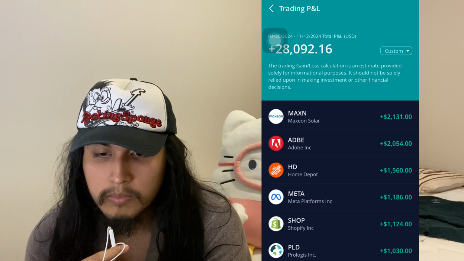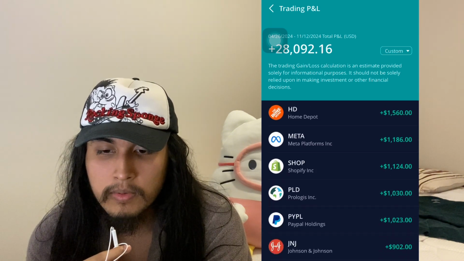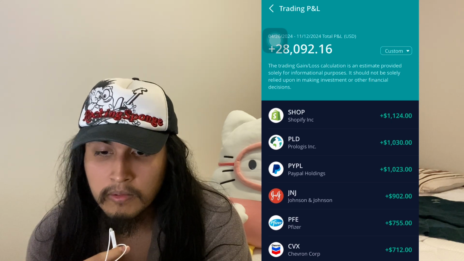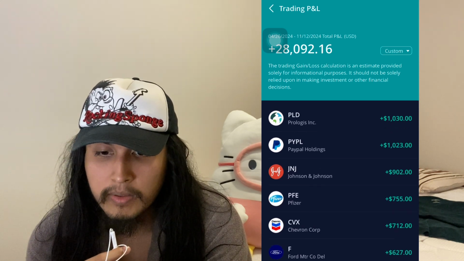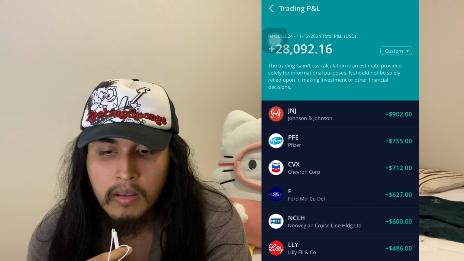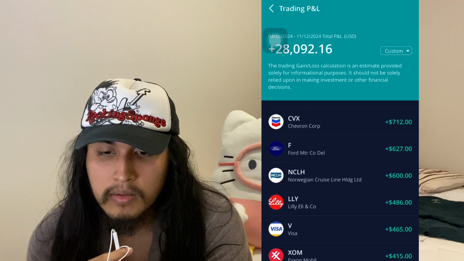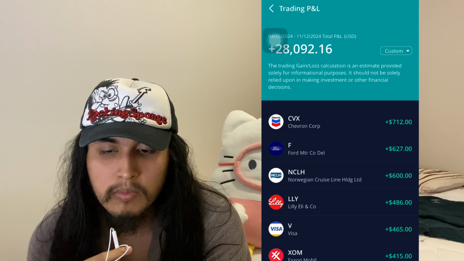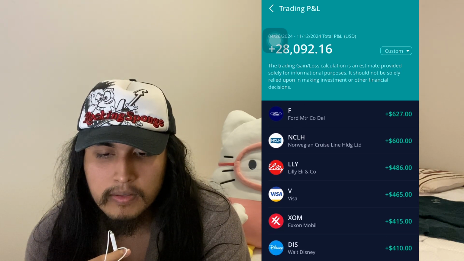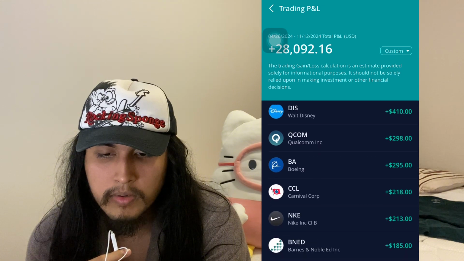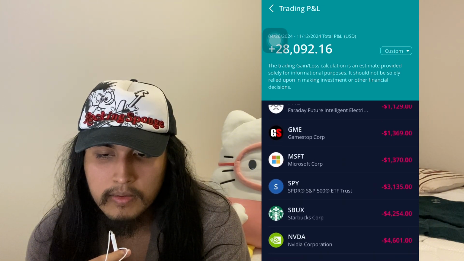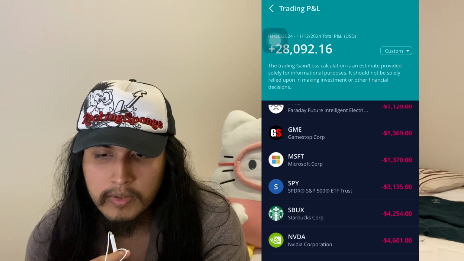I tried it with Home Depot, Meta, Shopify, this stock called PLD, PayPal, Johnson & Johnson, Pfizer, Chevron, Ford, and Norwegian Cruise Line. I think these other stocks were just experimental trades from here on out. All of these trades in red are basically experimental trades.